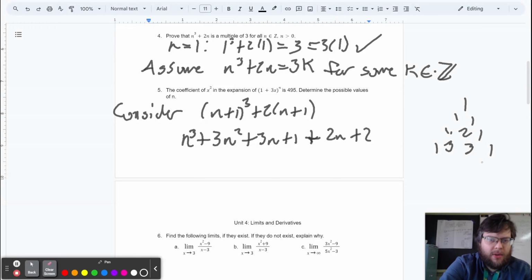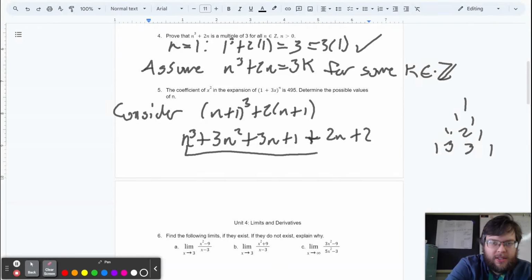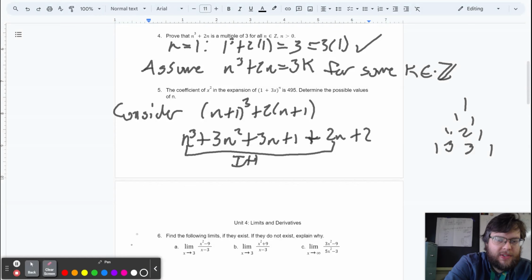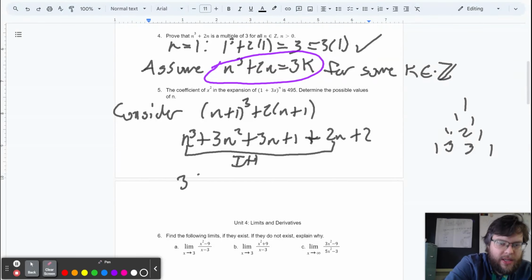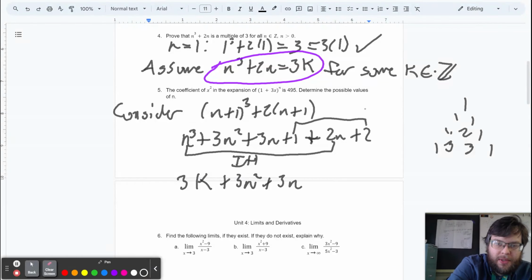Okay, that's weird. Well, let's see what we've got. I know that this piece plus this piece right here is the induction hypothesis. So I know that I can replace the induction hypothesis with 3k. So let's do that. We've got now 3k plus 3n squared plus 3n, and I notice that 1 plus 2 is equal to 3.